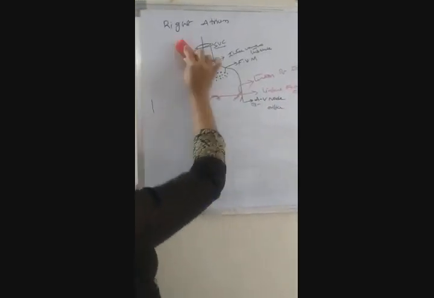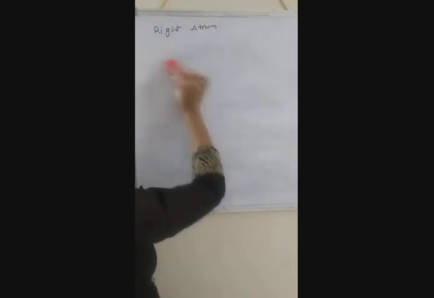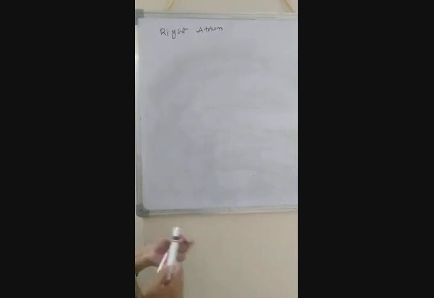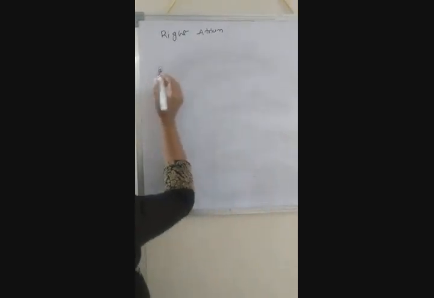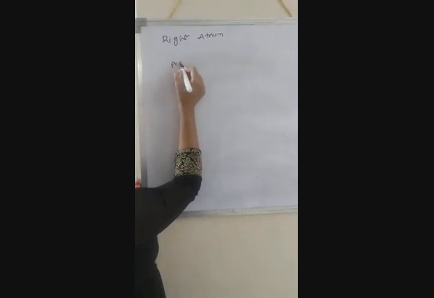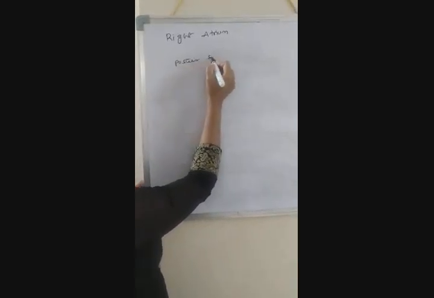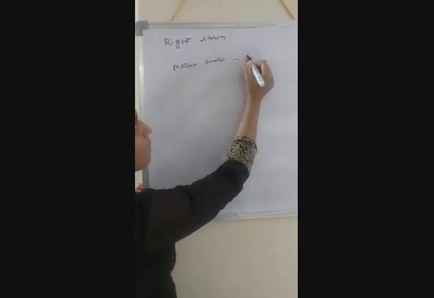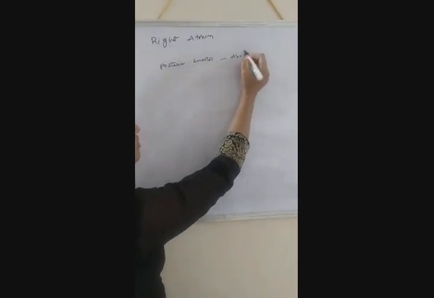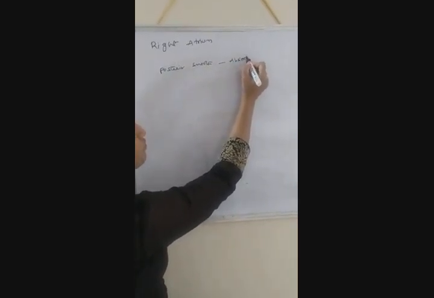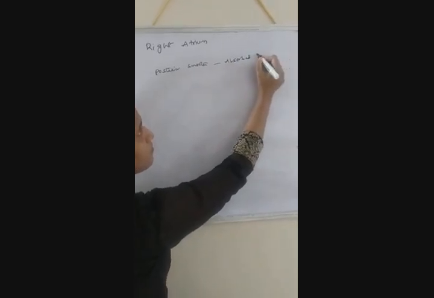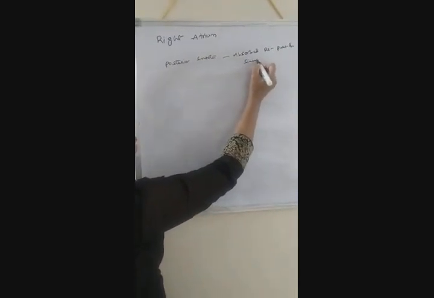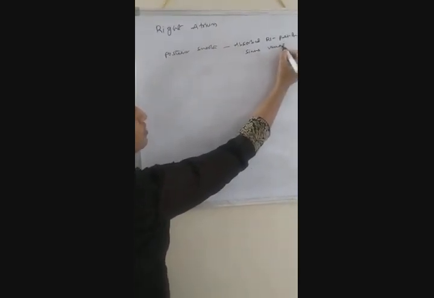And next, coming to some embryology part of this right atrium. So the posterior smooth part, that is the sinus venarum, is embryologically formed by the right part of the sinus venosus.